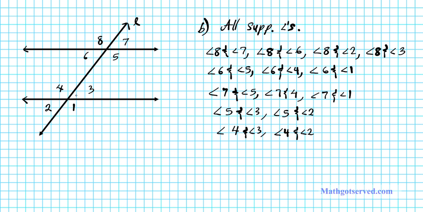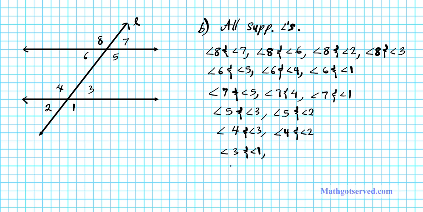Angle 3 is supplementary to angle 4. We already wrote that down. Angle 3 is supplementary to angle 1, so let's go ahead and write that. So angle 3 and angle 1 are supplementary. They add up to 180. And that's it. How about angle 1? Angle 1 is supplementary to angle 2, so let's write that down.